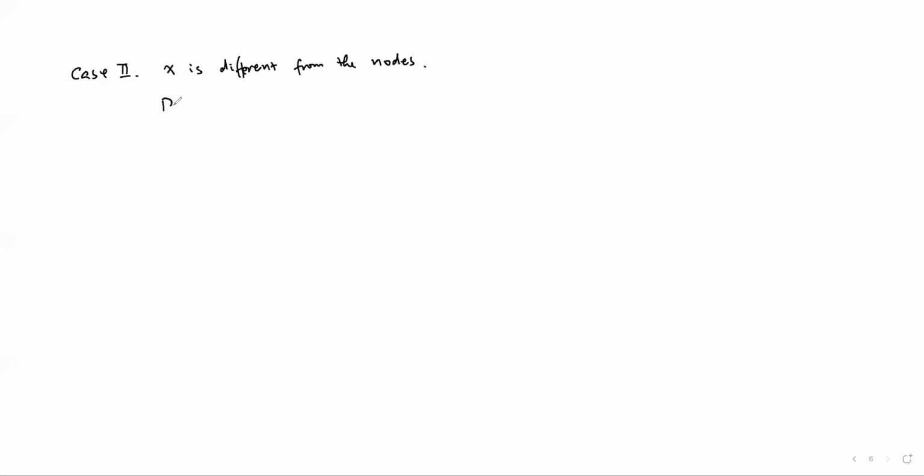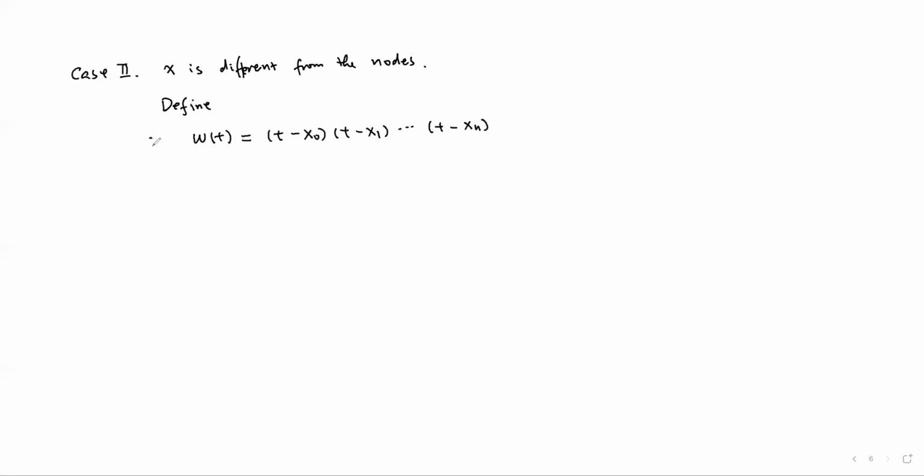Let me introduce some new functions. First, w(t), where t is a variable, is equal to (t minus x0)(t minus x1)...(t minus xn).